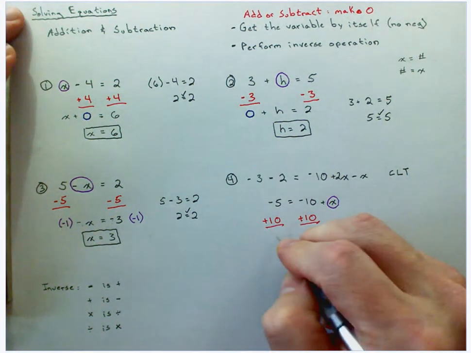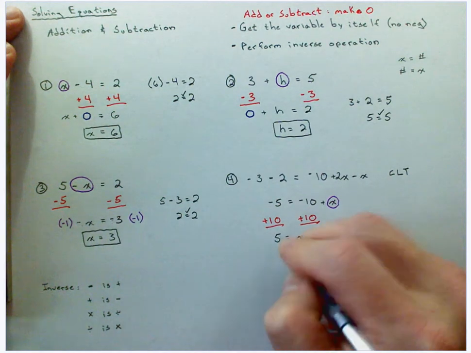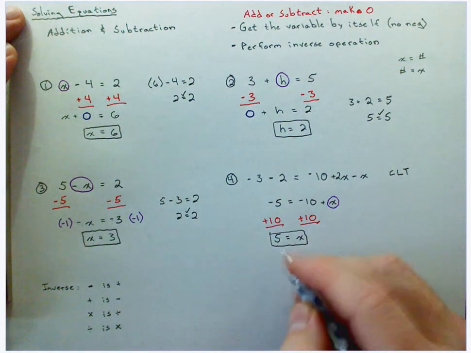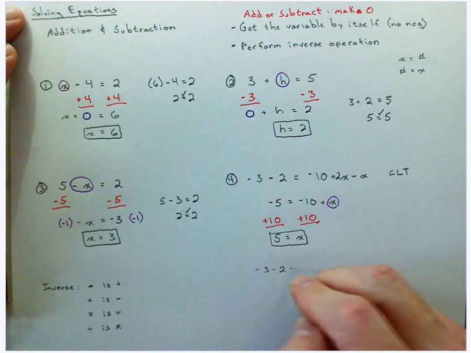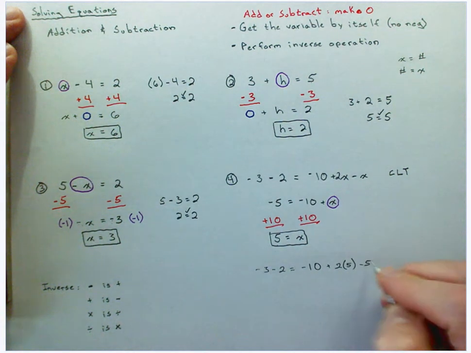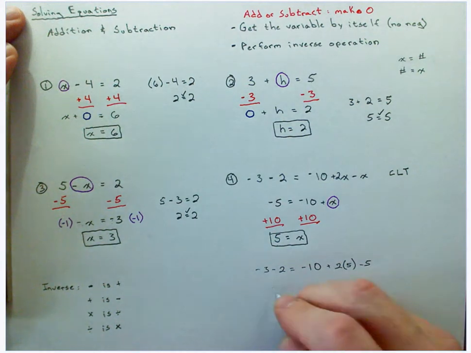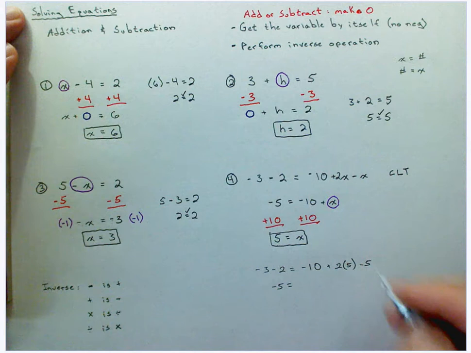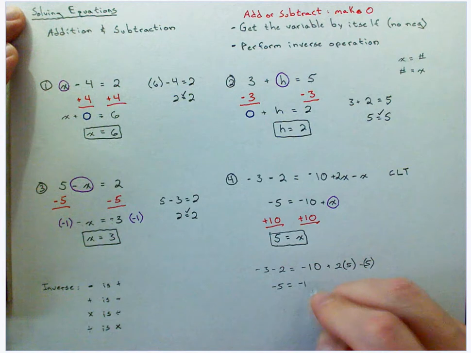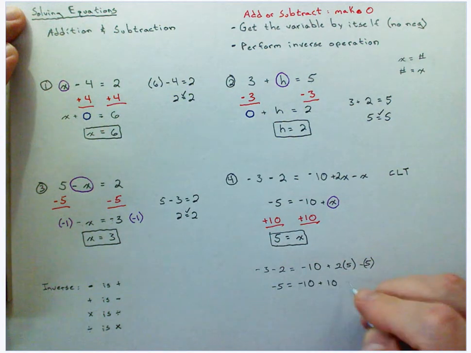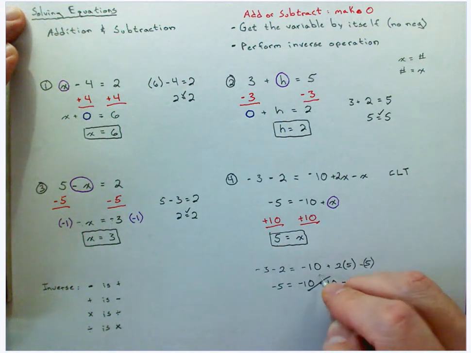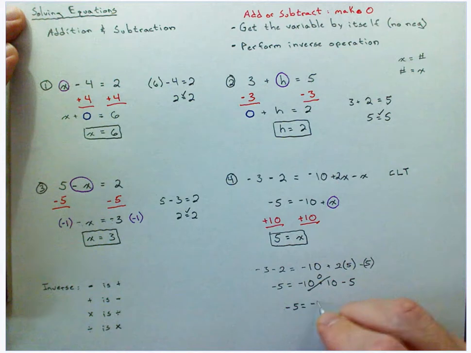So I end up with 5 equals x. If we check that, I end up with negative 5 equals, oops, put parentheses around there, equals a negative 10 plus 10 minus 5. Well, what does that become? 0. Negative 5 equals a negative 5.